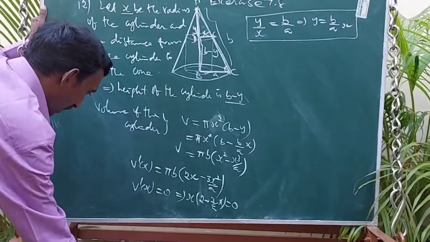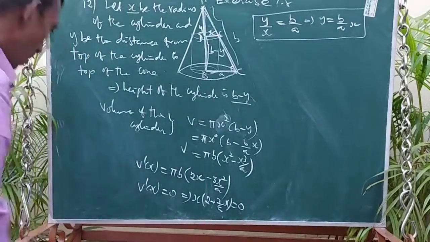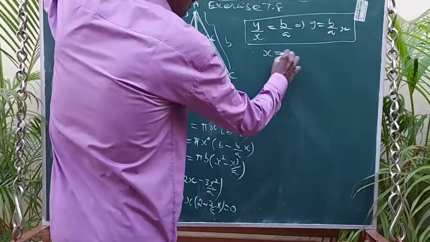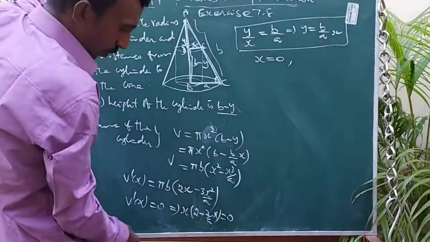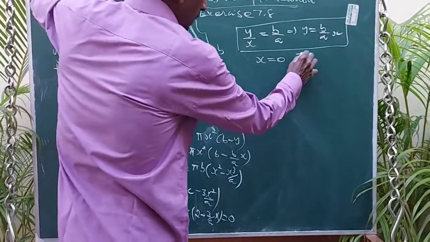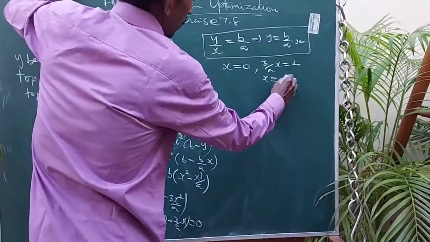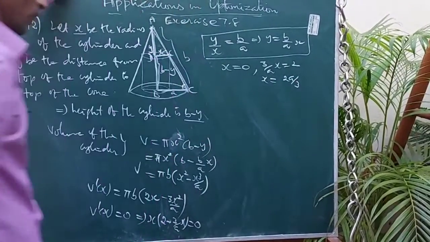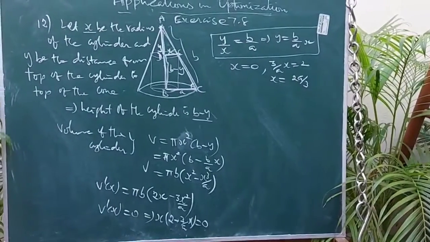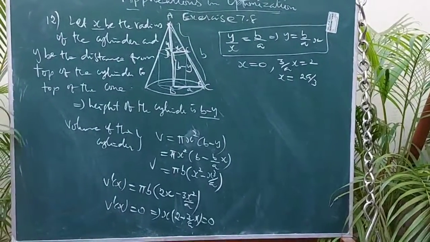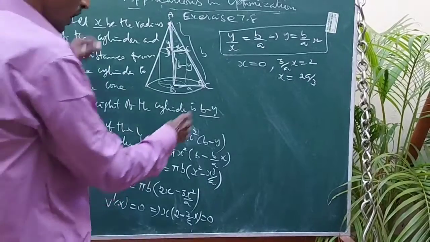Either x equals 0, or the second factor equals 0. Second one means 3x by a equals 2, so x equals 2a by 3. So we are getting x equal to 0 or x equal to 2a by 3. Keep these values.